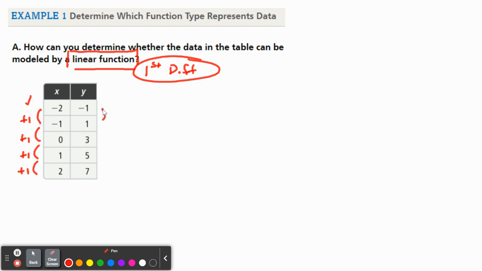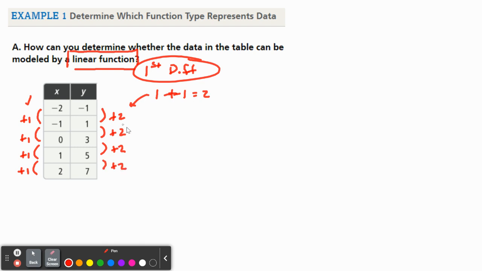So from -1 to 1, we're going up by 2. If you can't do that in your head, you're just going to take 1 and subtract -1. You're going to take the second y value and subtract the first. That, of course, becomes 1 plus 1, which is 2. Hopefully they're simple enough that you can just count. So from 1 to 3, again, you're adding 2. From 3 to 5, you're adding 2. From 5 to 7, you're adding 2.